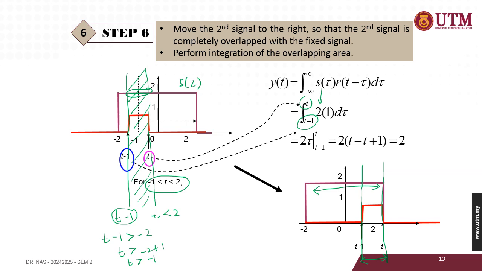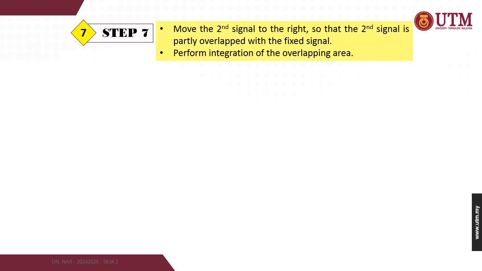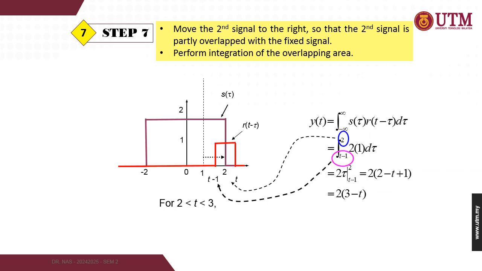And for the second signal, r t minus tau, it is constant 1 within the overlapping area. So for t less than 2 and larger than minus 1, y t is equal to 2. Next step, move the second signal again until it is partly overlapped on the right, and then perform the integration over the overlapping area.